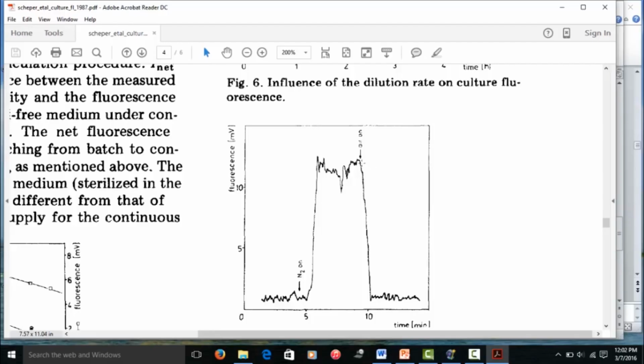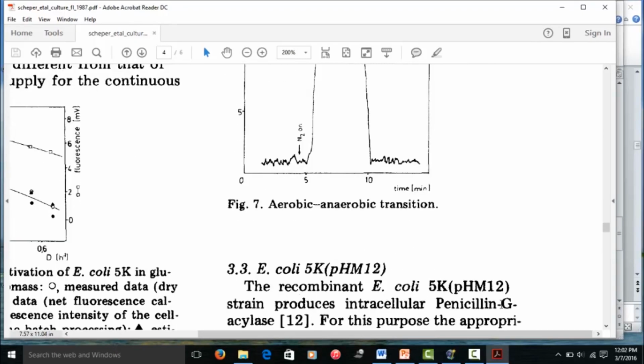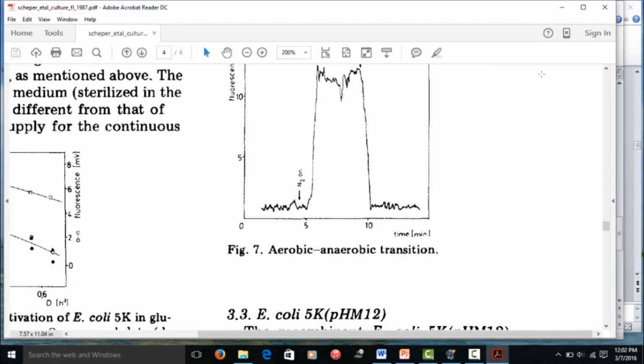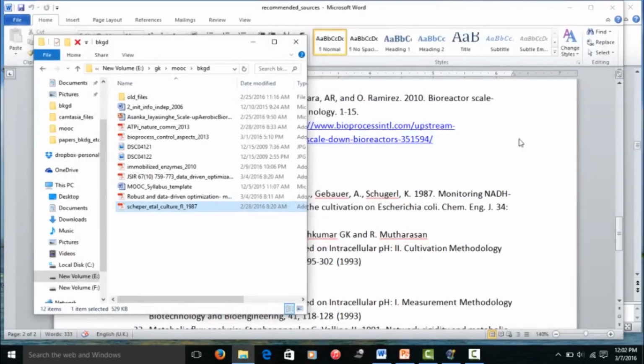When oxygen or air is turned back on, it comes back to its original level. So this is a nice indication of what is happening inside the cell just by measuring the culture fluorescence. That's what I had talked about earlier. You can read this paper if you are interested. For the purposes of this lecture, I think this is good enough.